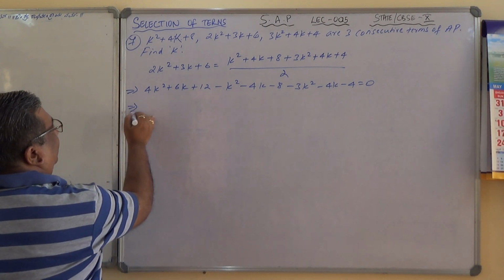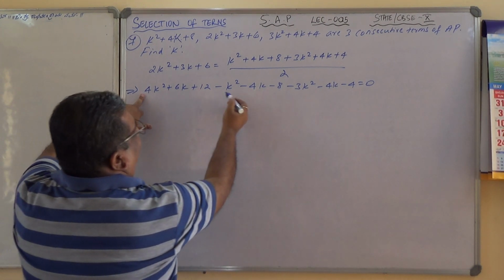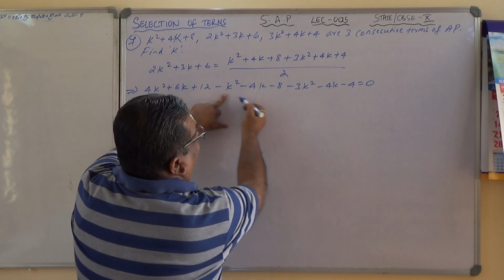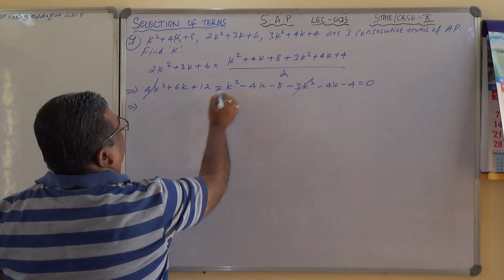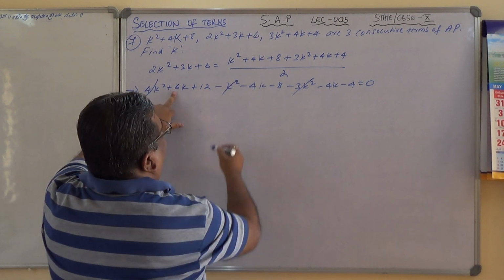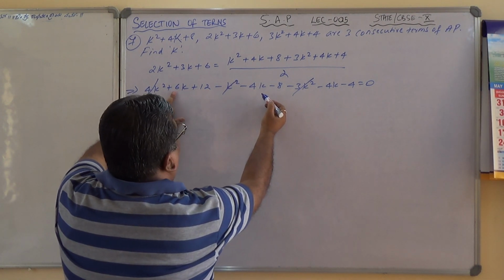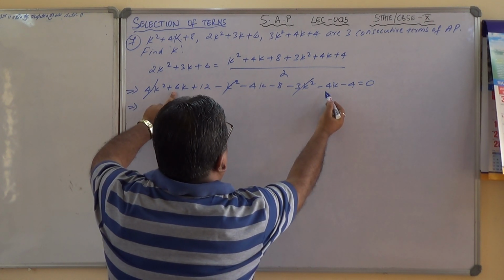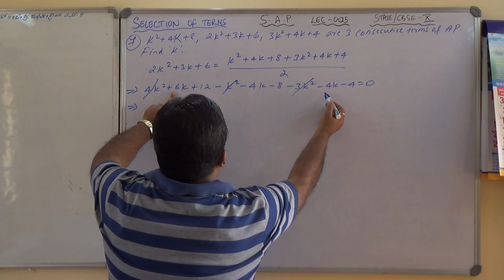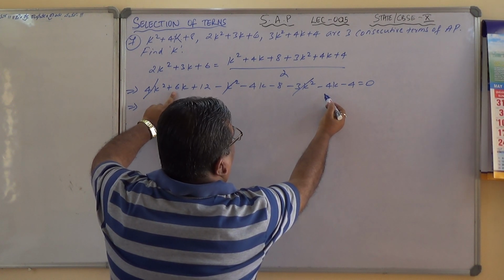Simplify this: 4k square minus k square minus 3k square cancelled. 6k minus 4k is 2k. 2k minus 4k minus 4k, minus 2k.